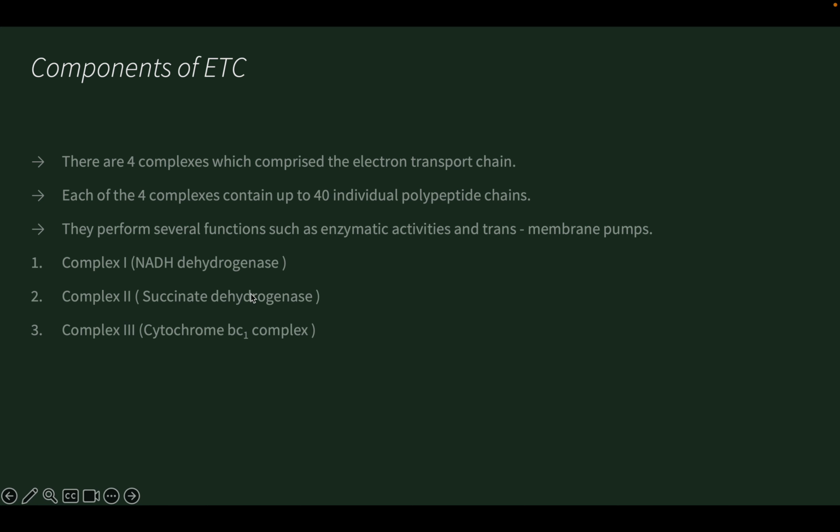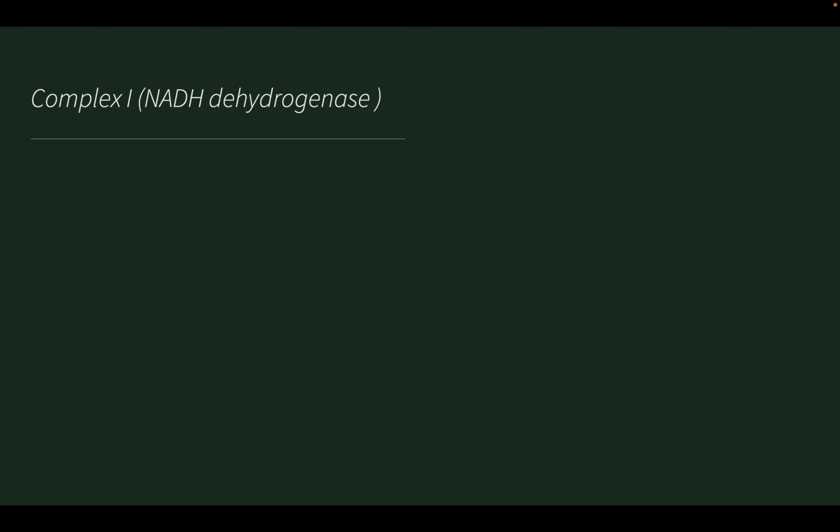The third one is the cytochrome BC1 complex, which is the intermediate in the transport to oxygen. It is composed of different cytochromes which help in the transfer of the electrons. And then complex 4, the last complex, in which O2 takes up the protons and releases H2O. We'll talk in detail about each complex.